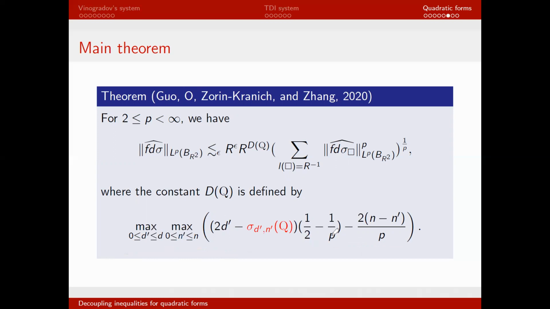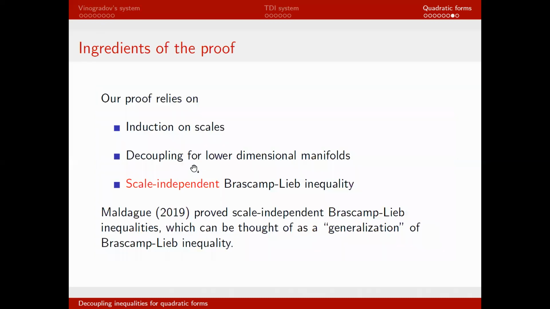And it took a lot of time to find this accurate expression. What we did in our paper is to introduce these algebraic quantities and prove that this is sharp, and we also proved this inequality. So I'm going to introduce our ingredients.